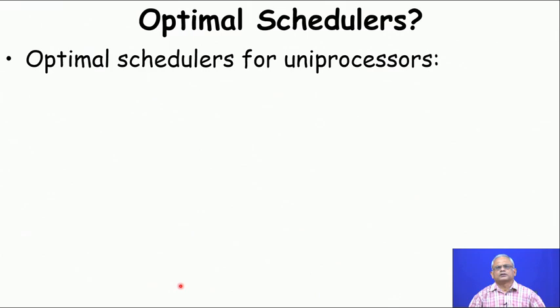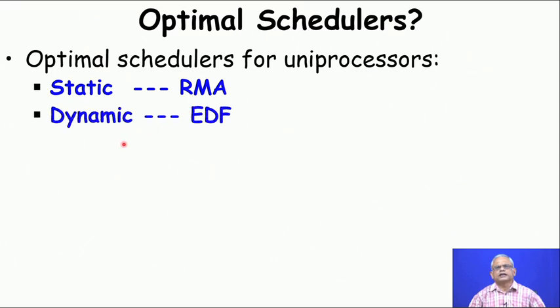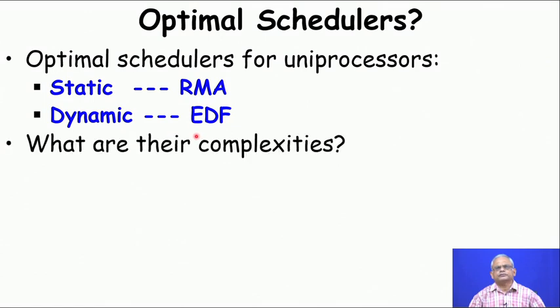But as we already indicated, optimal schedulers for multiprocessors are not there, because these are all NP hard problems. But then what are the optimal schedulers for uniprocessors? We have already seen that for static priority systems, rate monotonic schedulers are the optimal schedulers. In a dynamic priority situation, earliest deadline first is the optimal scheduler. But then what are the complexities of these schedulers, rate monotonic and EDF?